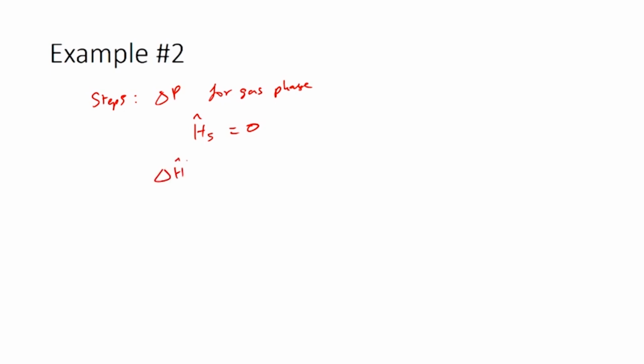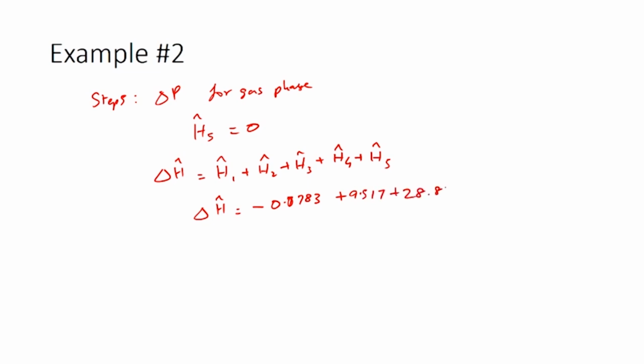So, our total delta H cap would be equal to H1 cap plus H2 cap plus H3 cap plus H4 cap plus H5 cap. We have the numerical values for all of them. Using that we can calculate delta H cap as minus 0.0783 plus 9.517 plus 28.85 plus 47.1, giving you delta H cap as 85.4 kilojoules per mole.